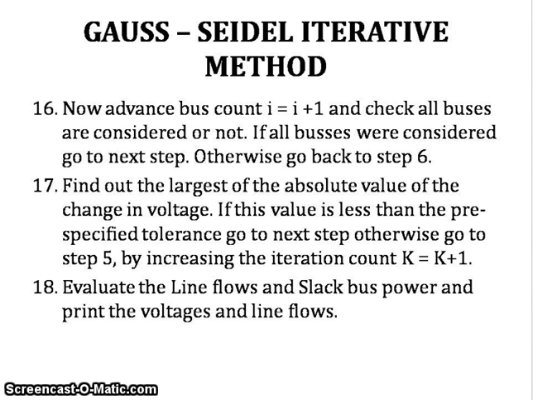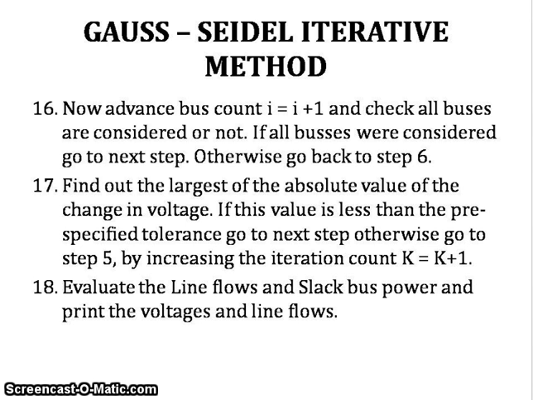We need to compute the admittance matrix before starting this Gauss-Seidel method. Then we need to compute the value of Vi, where Vi is the magnitude of Vi times e to the power j delta. So this is the Gauss-Seidel method.